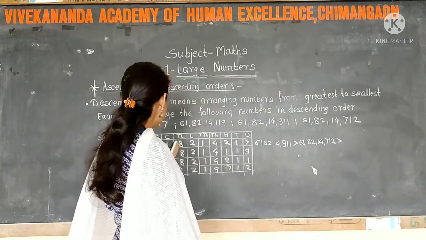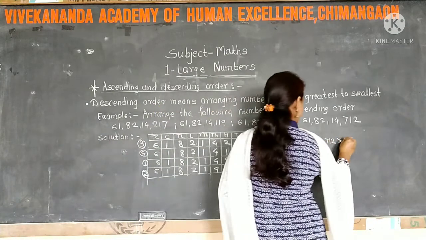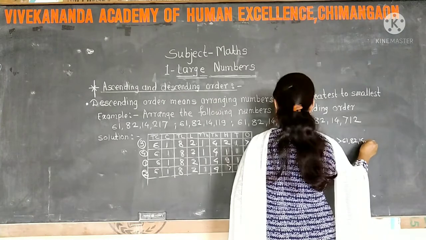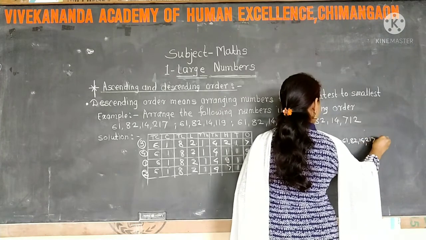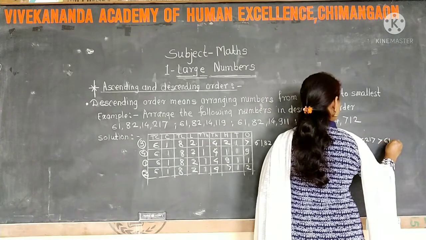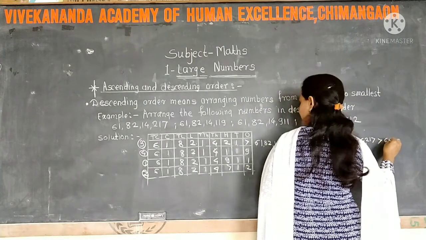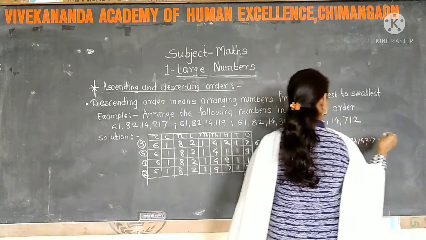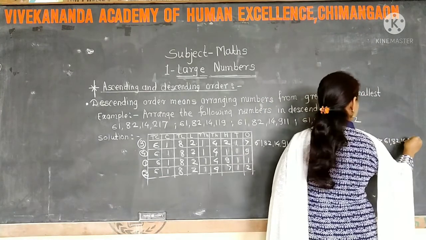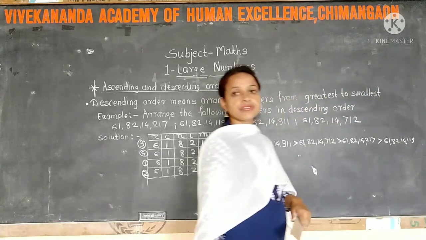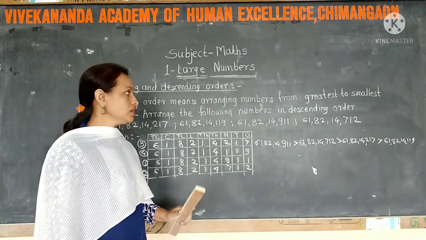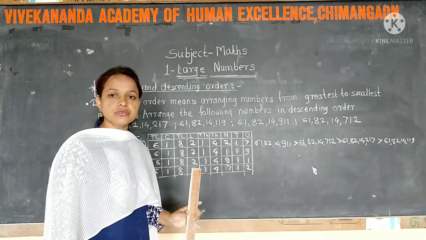Smaller than this, third number, 61 crore 82 lakh 14,270. And smallest number, 61 crore 82 lakh 14,190. In this way, here we arrange a given number in descending order by arranging numbers from greatest to smallest.